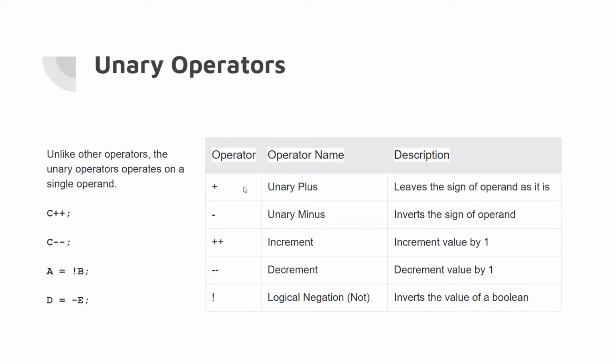We have what's called increment and decrement. We can use unary plus and unary minus to negate the sign or leave the sign as is. And then we can also use this bang, just like we had not equals. We use this as a logical negation to invert the value of some Boolean or some expression.